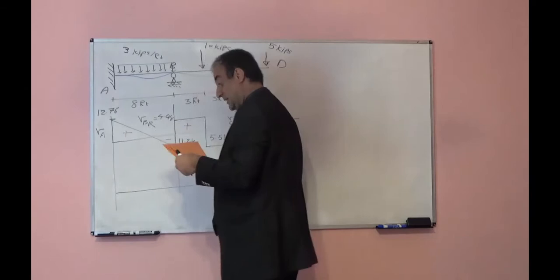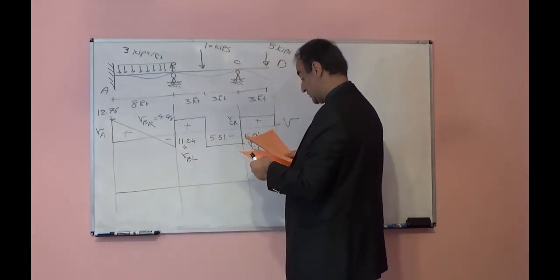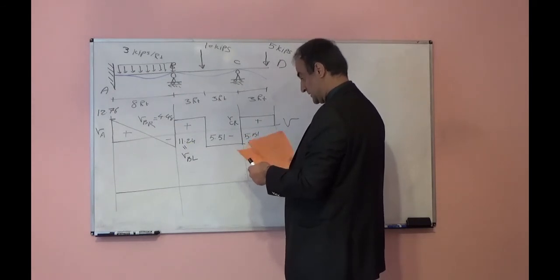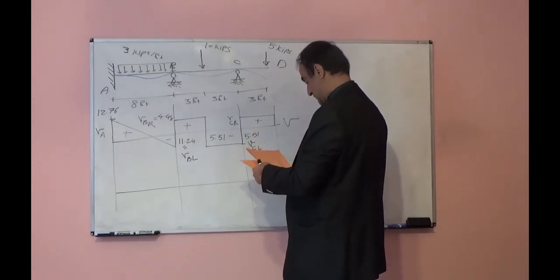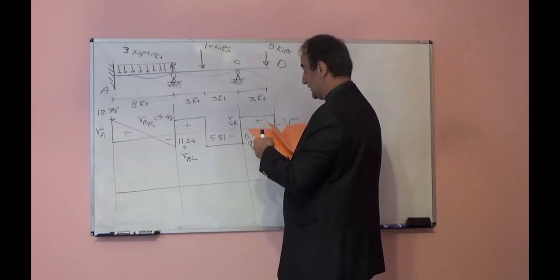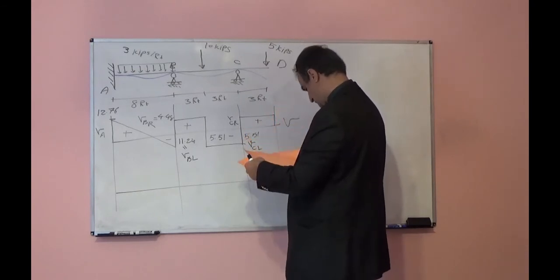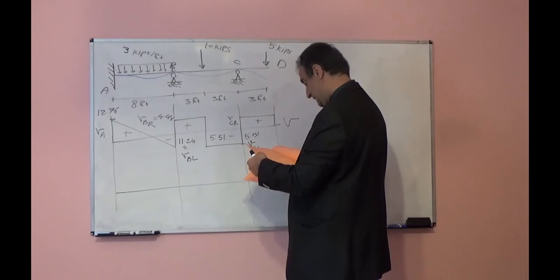MAB. MAB was 18.091, if I'm not right. Let's look at MAB. 18.04, if I'm not wrong.